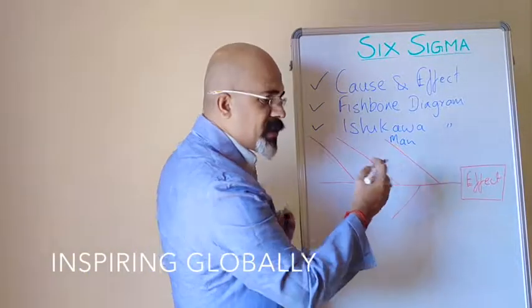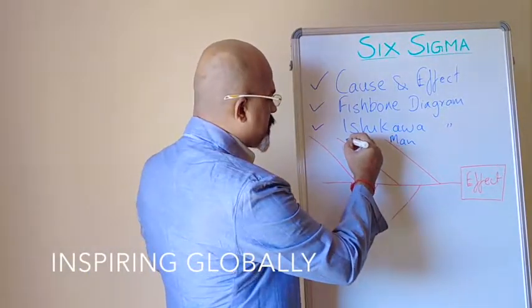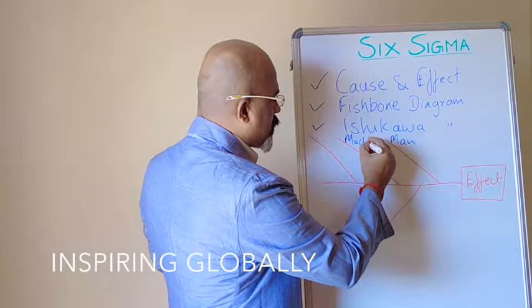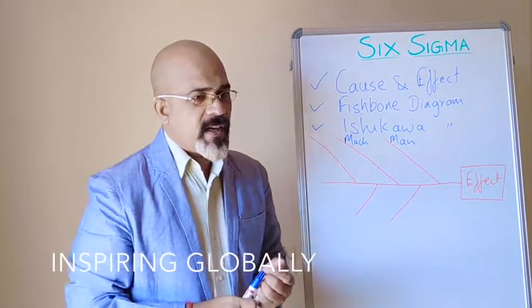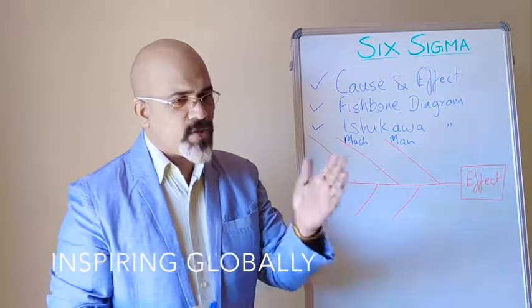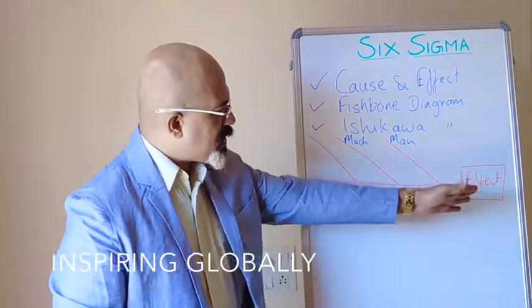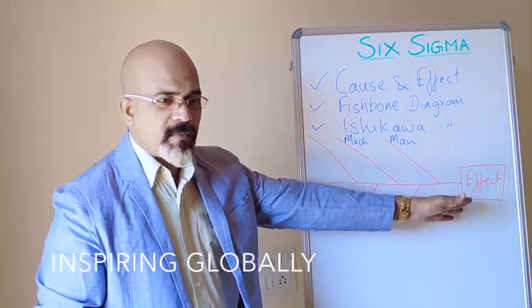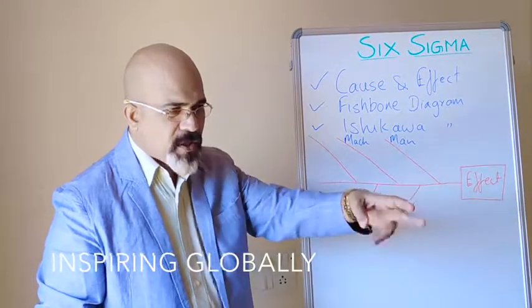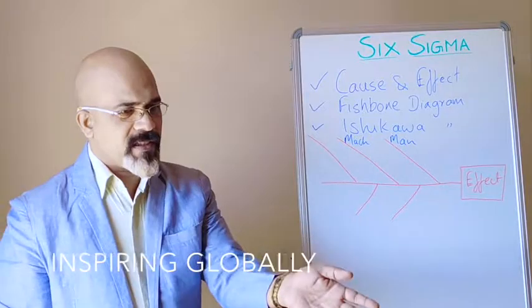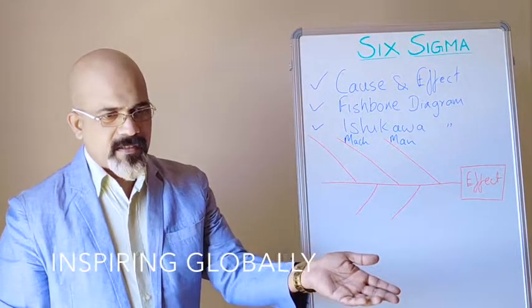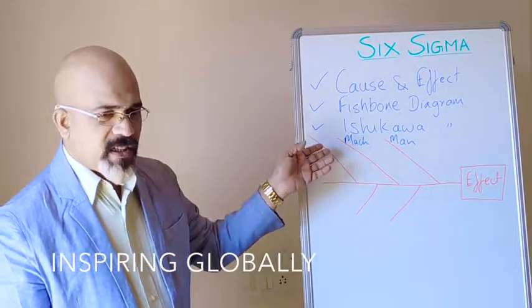Now let's look into another bone, that is machine. Whether because of machine. Machine means from machine A to B, is there any difference which is creating this issue, this problem, this effect? Just because you produce the same part in two different machines, is it giving two different results? So is it machine creating some problem?